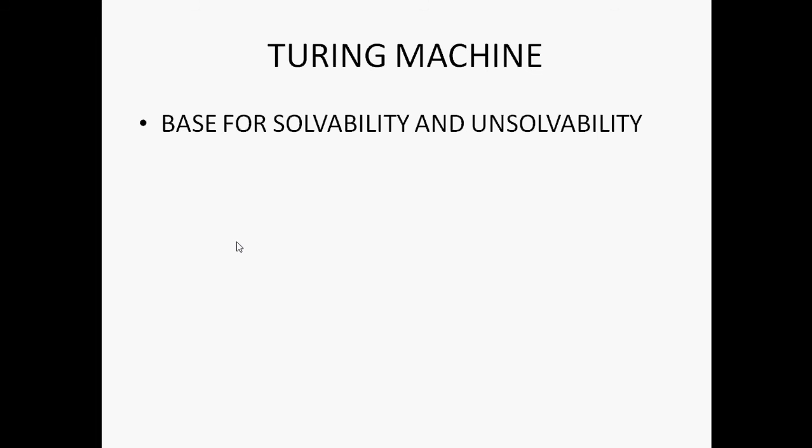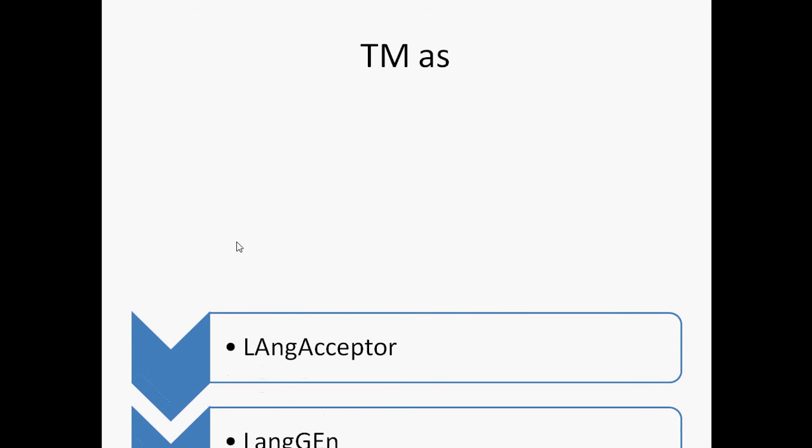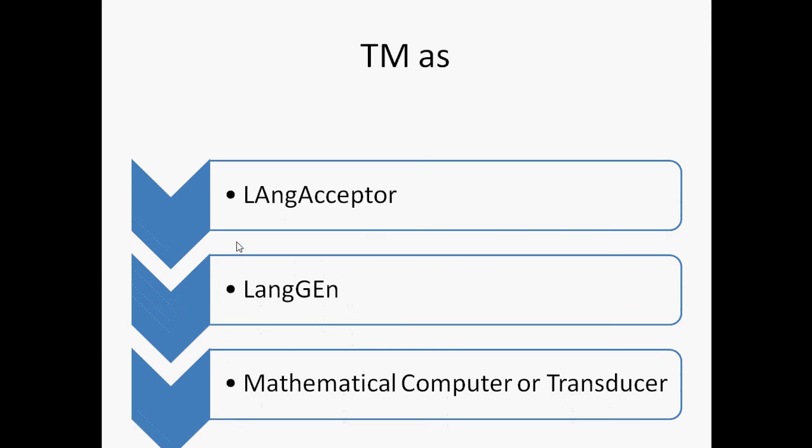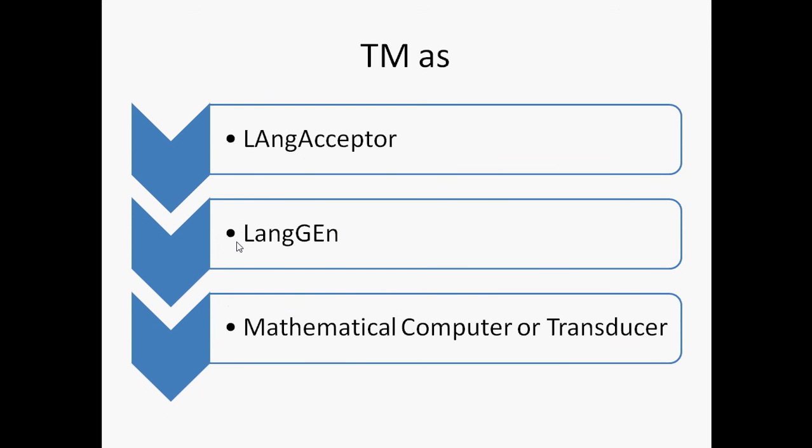That means there are some problems which are solvable and some which cannot be solved. The Turing machine decides which can be solvable and which cannot be solvable. The Turing machine acts as a language acceptor, language generator, and a mathematical computer or transducer. These are the three roles played by the Turing machine.